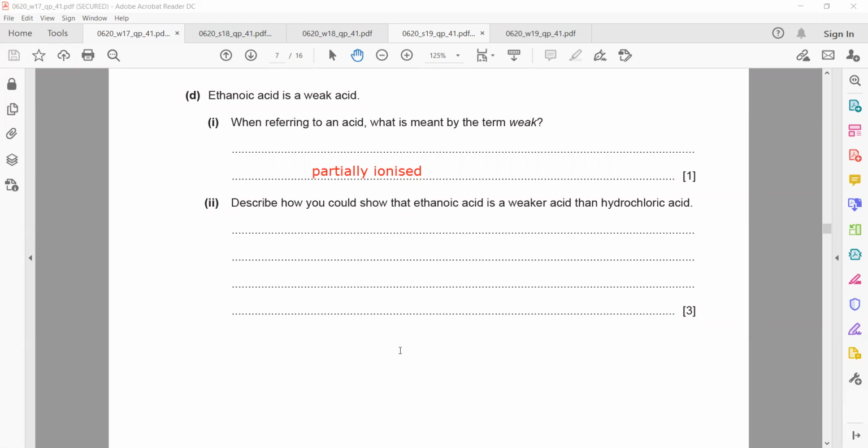So take equal concentrations of the two acids and measure the pH. The pH of hydrochloric acid will be lower, because both solutions should have an equal number of particles.